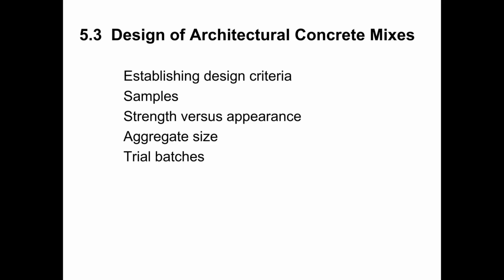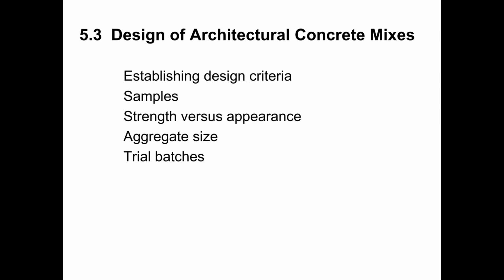Selecting the appropriate aggregate size is going to be more critical in achieving the desired appearance and aesthetics of the mix. So we need to keep that in mind during our initial process of developing finishes for approval, we need to be selecting aggregates that will contribute to the desired appearance as opposed to detracting from that desired appearance.